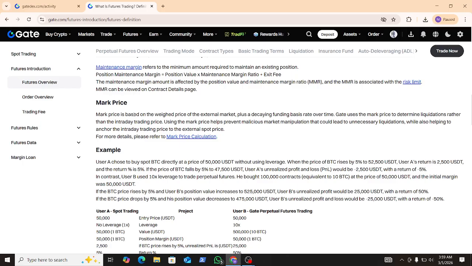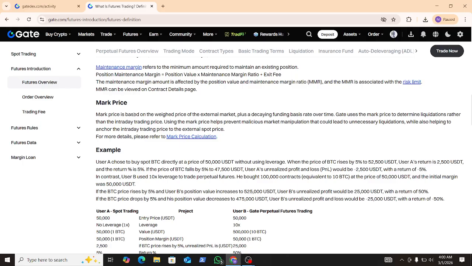In contrast, user B used 10x leverage to trade perpetual futures. He bought a 10 lakh contract equivalent to 10 BTC at the price of 50,000 USDT, and the initial margin was 50,000 USDT.